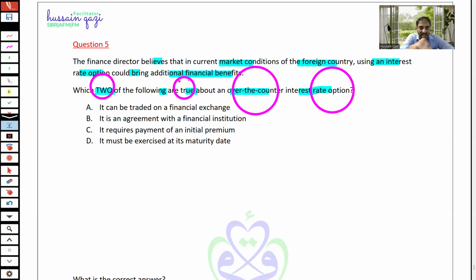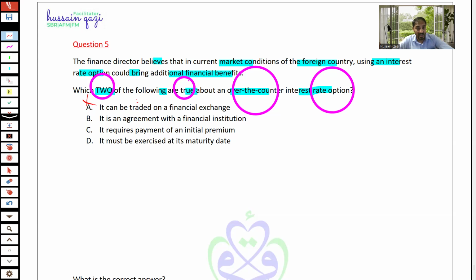A, it can be traded on a financial exchange. An over the counter contract traded on a financial exchange is not possible, because it is not traded. B, it is an agreement with a financial institution. Financial institutions means banks.